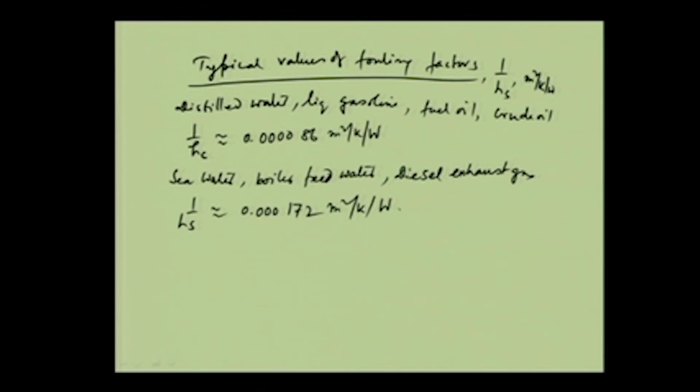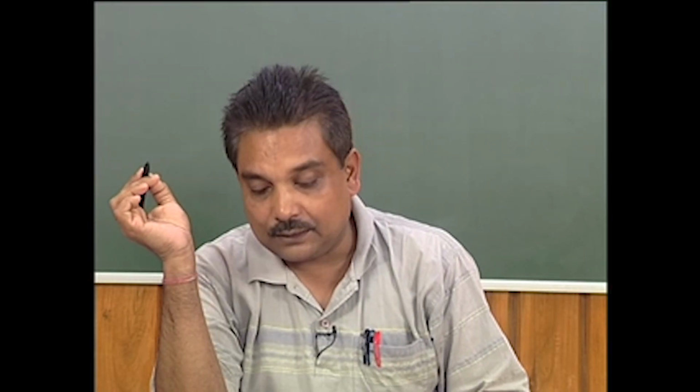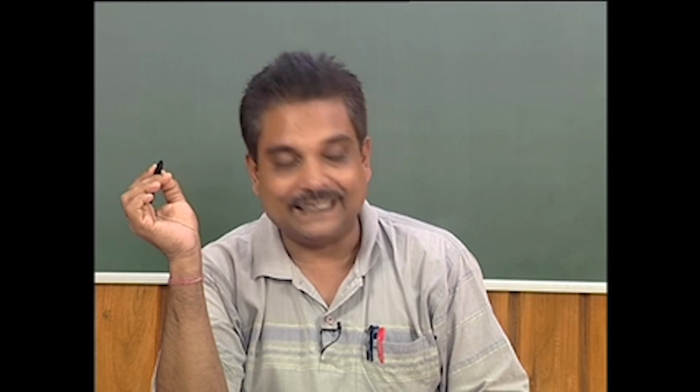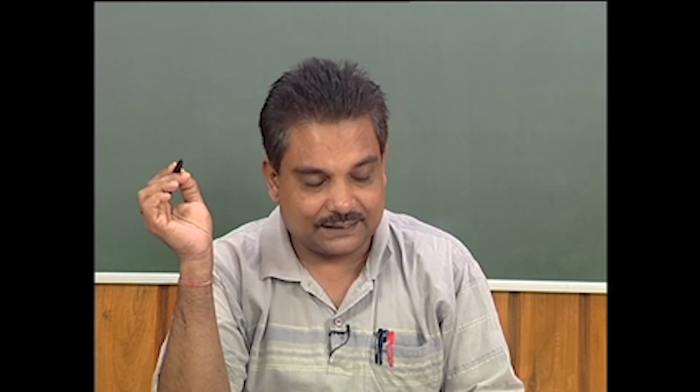So, these are some representative values for different types of fluids. It can be liquid or gaseous fluids, and how much their fouling factor becomes. So, this is just to have an idea.